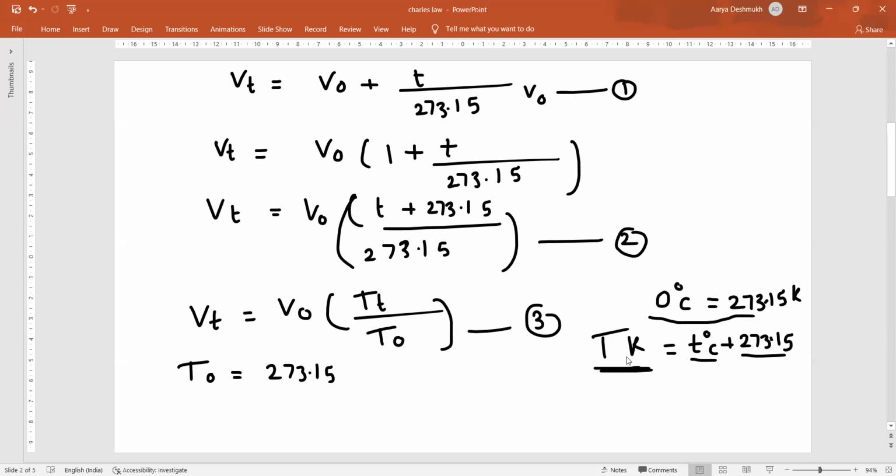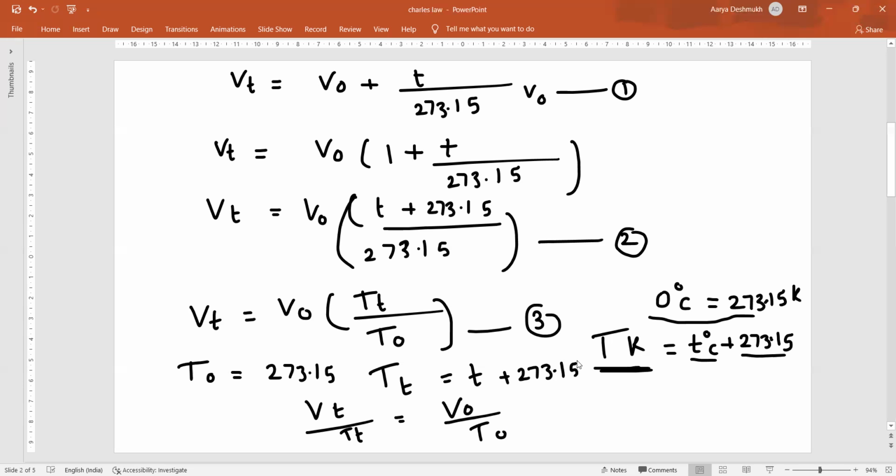Okay. Now what is this Tt? This is the temperature in Kelvin. That will be t plus 273.15. Okay. Now, if you rearrange this further, you can get here Vt divided by Tt equals V0 upon T0.